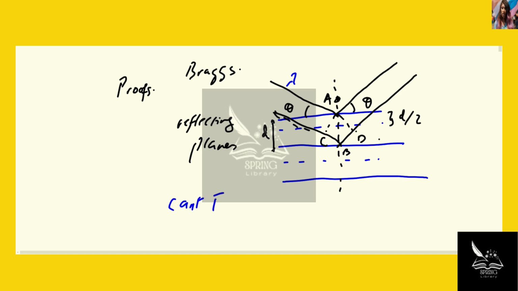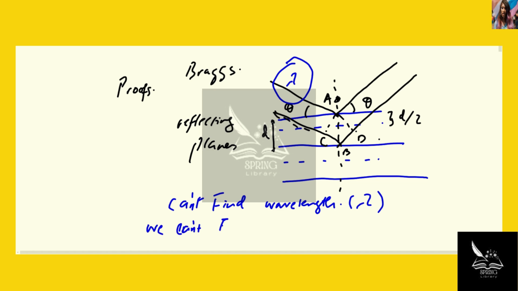is to see that we can't find a couple of things. We can't find the wavelength. So we want to prove that we can't find the wavelength lambda of this radiation, and we can't find not just lambda, but also the gaps between the planes.